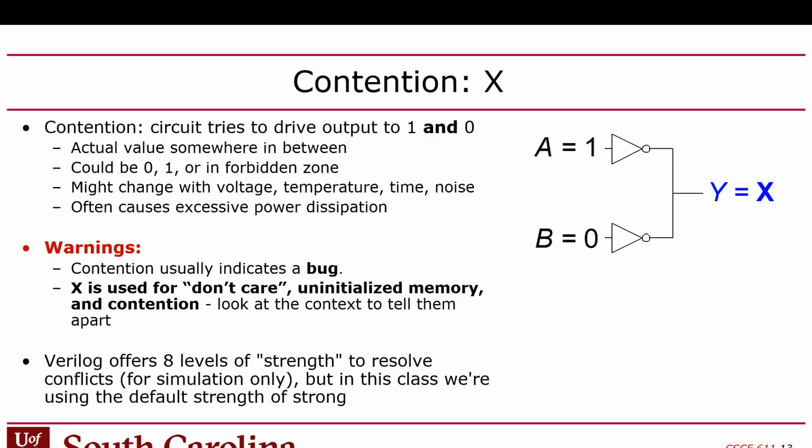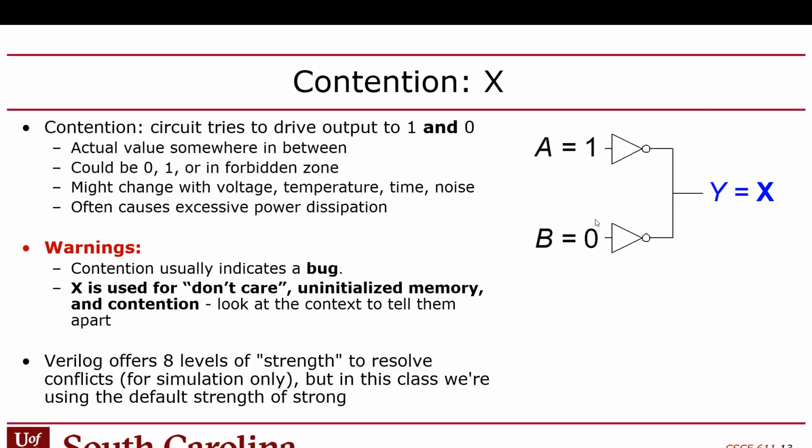Okay, sorry, I already mentioned this. So contention or conflict. Here's an example where you've got two inverters, and their outputs are shorted together. One of them is driving a 0, basically trying to pull the wire down to ground. There's a transistor trying to pull it down to ground.